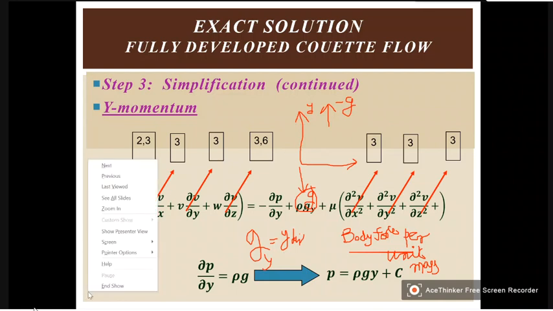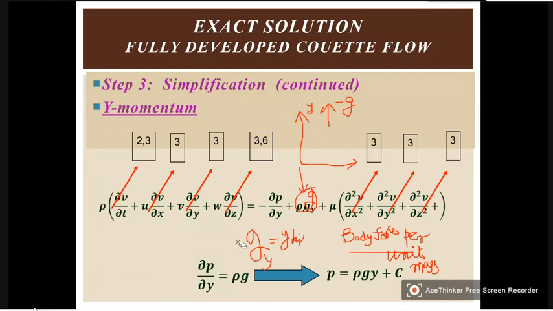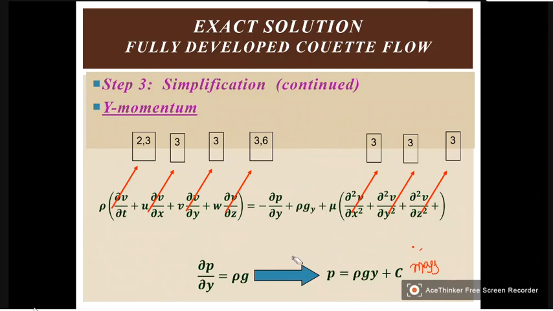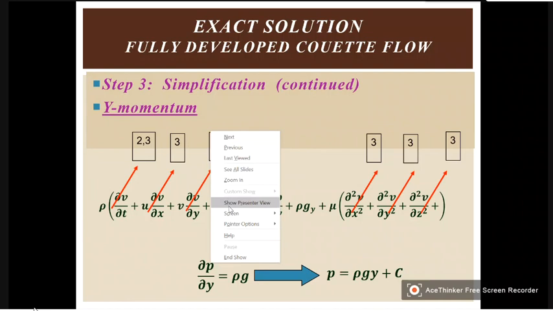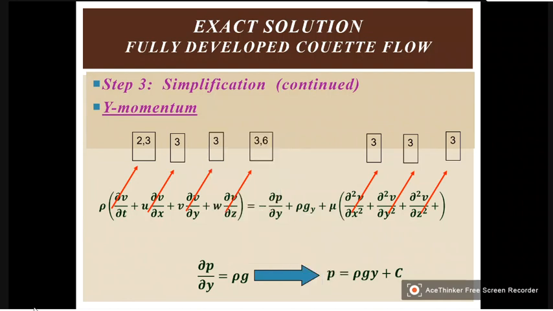So therefore, if I substitute for this minus g, this will become minus dou p by dou y minus rho g is equal to 0. This is the second equation.